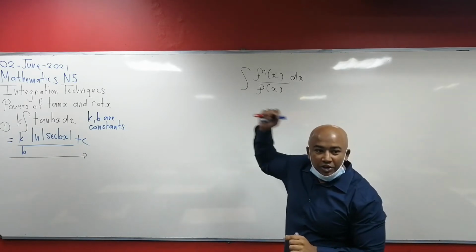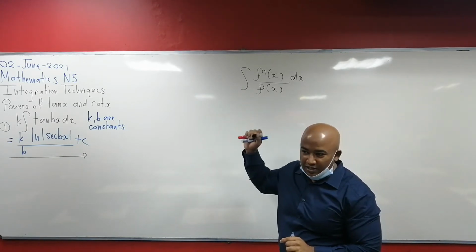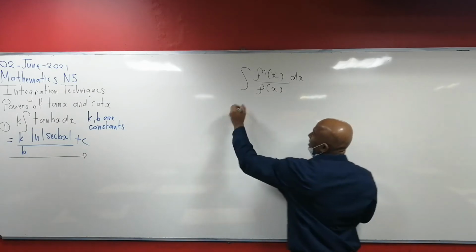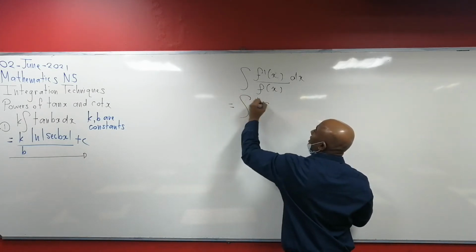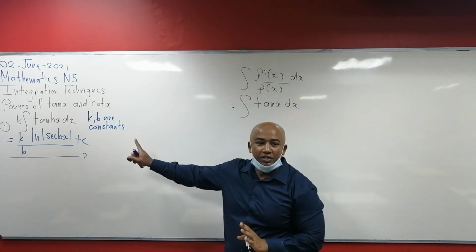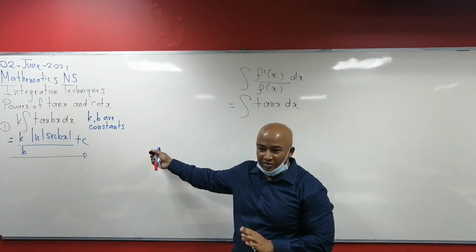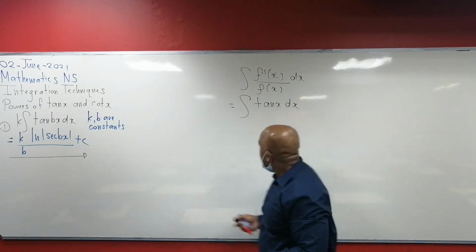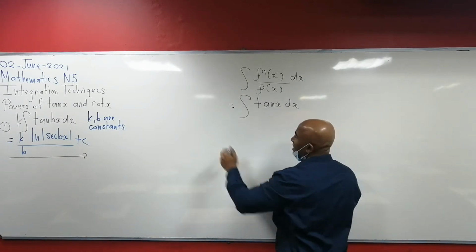You remember, when the numerator is an exact derivative of the denominator. So if I ask you to integrate tan, let's assume that you forgot or could not find that on the formula sheet. How do we get ln of sec?